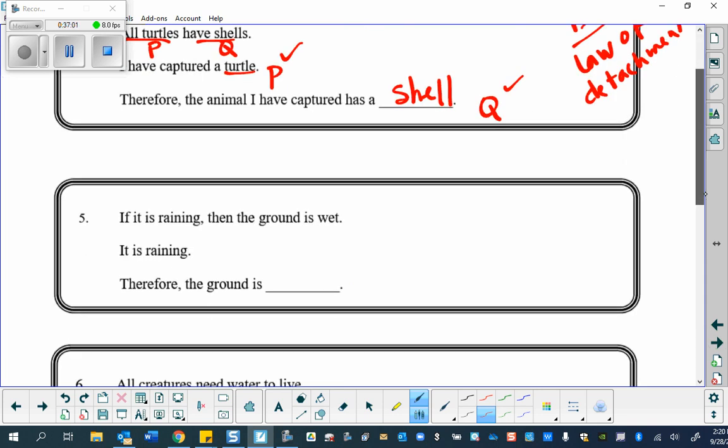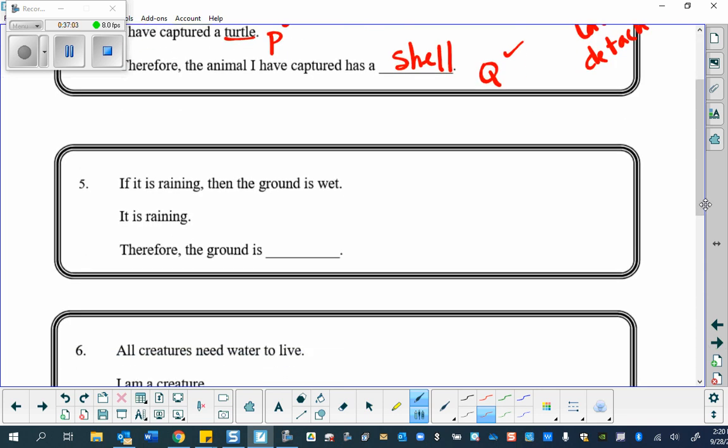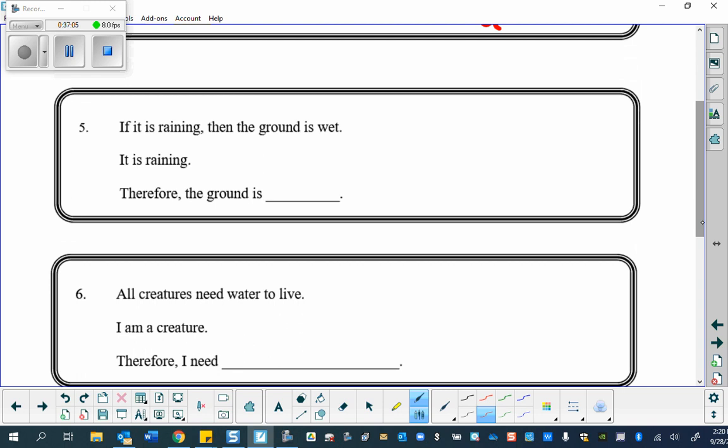All right, let's try to find 5. If it's raining, the ground is wet. It's raining, therefore, group 5, what would you say? The ground is wet. Here's my P. Here's my Q. I just found out my P was true. So guess what?